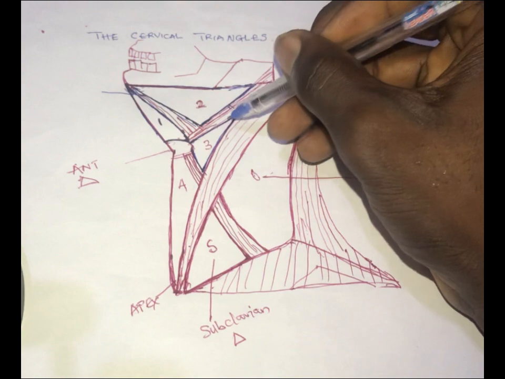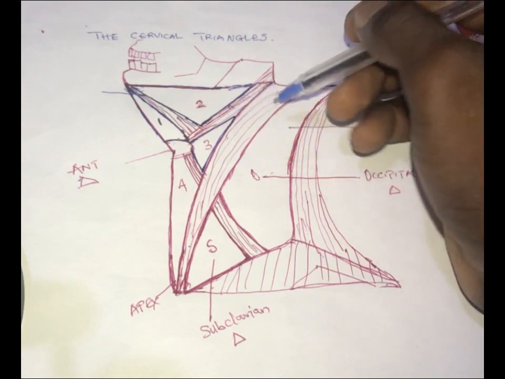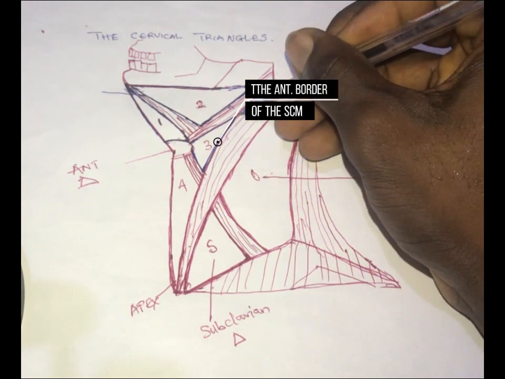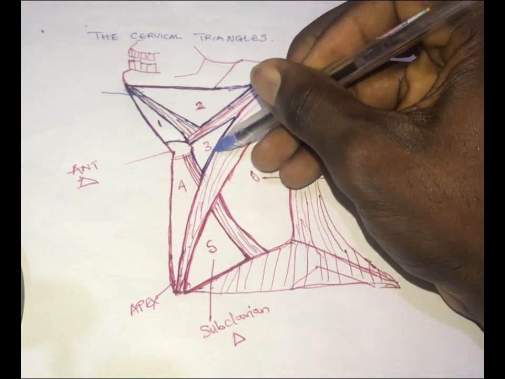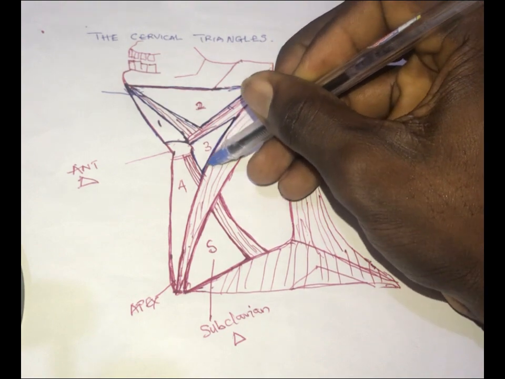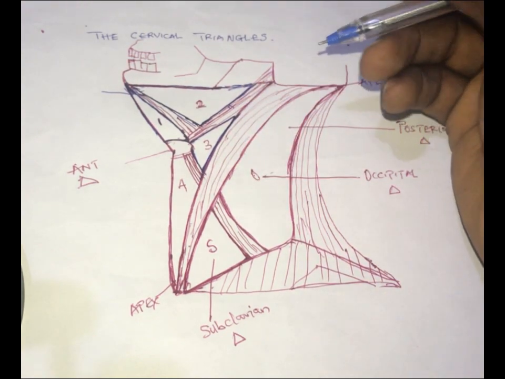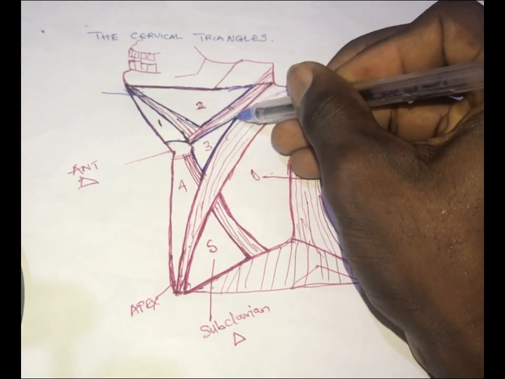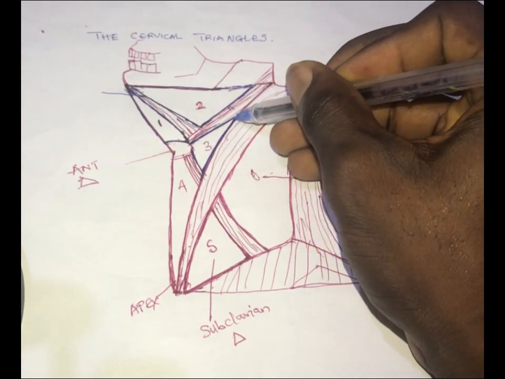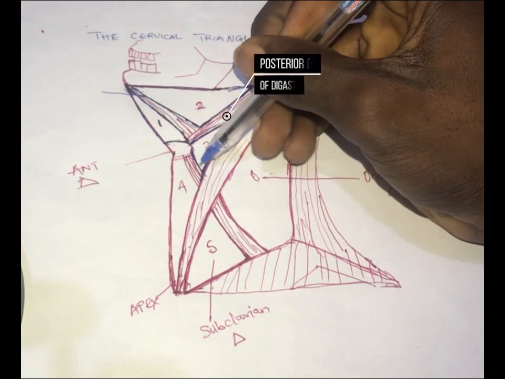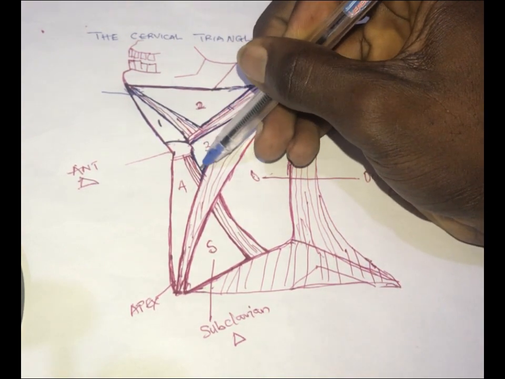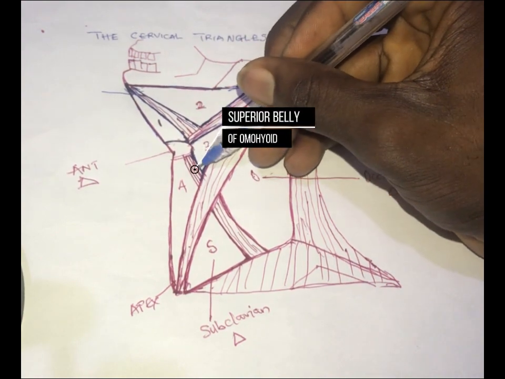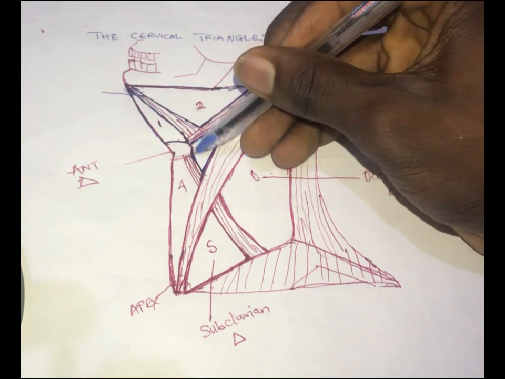As for its boundaries, it is bordered posteriorly by the anterior border of the sternocleidomastoid muscle. And then, anterior superiorly, it is bordered by the posterior belly of the digastric muscle, and then anterior inferiorly, it is bordered by the superior belly of the omohyoid muscle.